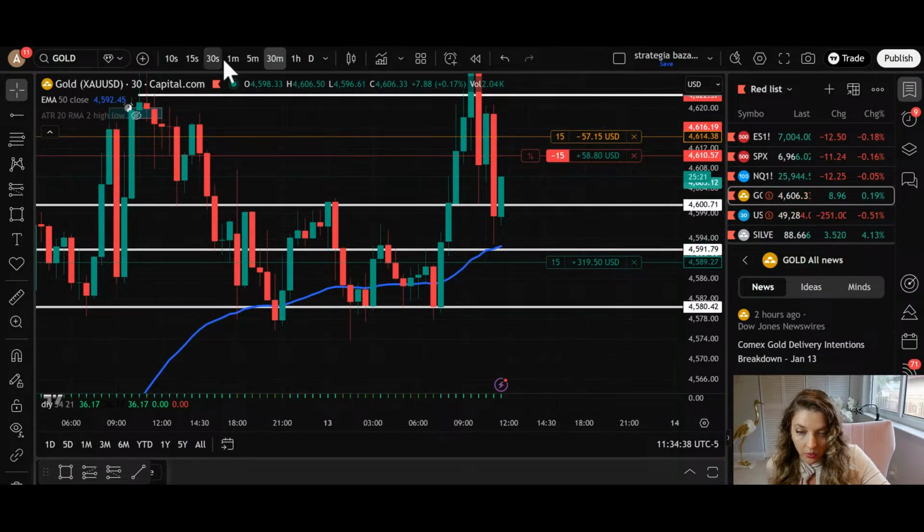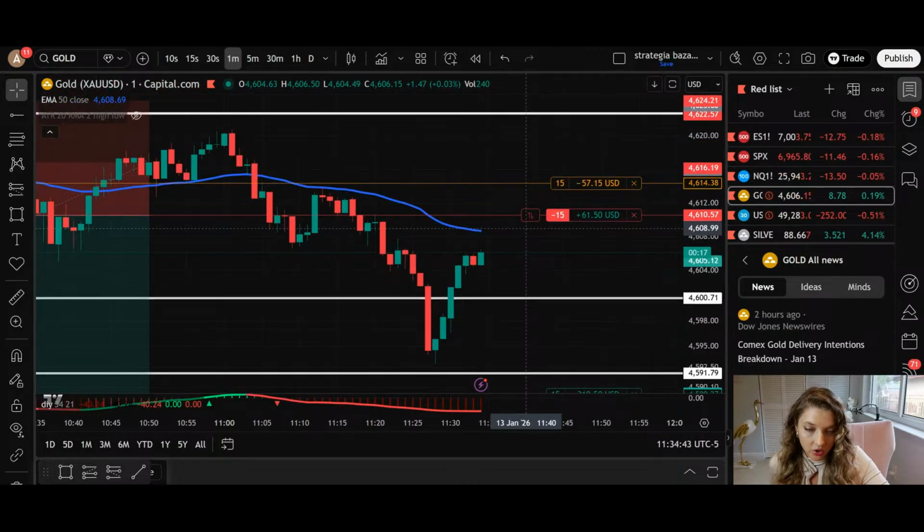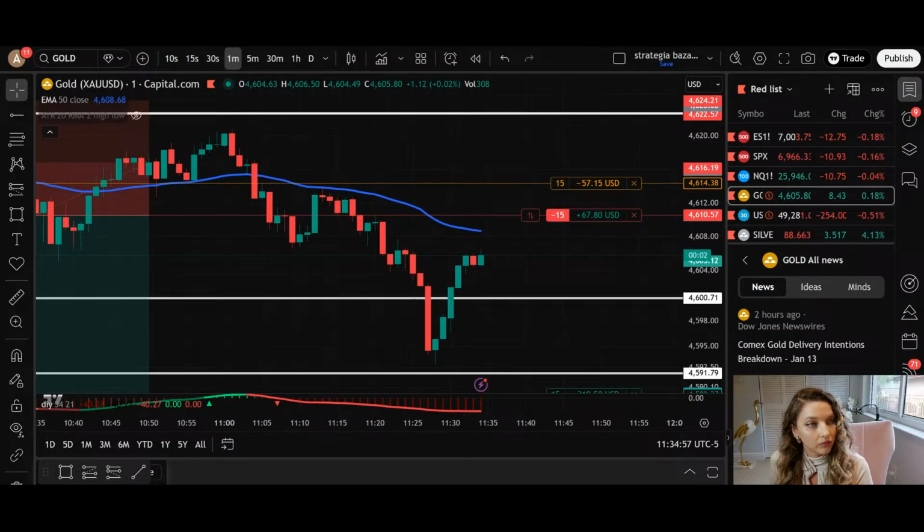Okay, I think I'm going to close this gold trade. I'm waiting to touch the EMA and I'll close it soon. Did I have an alarm on the EMA?